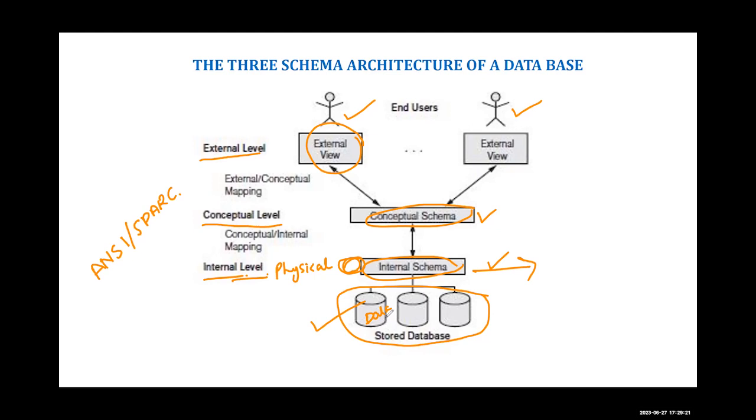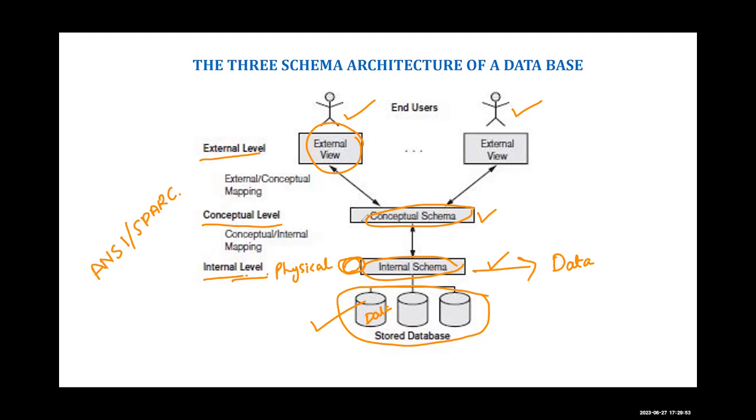Also at this level, various aspects are considered to achieve optimal runtime performance and storage space utilization. These aspects include storage space allocation techniques for data and indexes, access paths such as indexes, data compression and encryption techniques, and record placement. So everything related to storing data happens at the internal schema or the physical level.